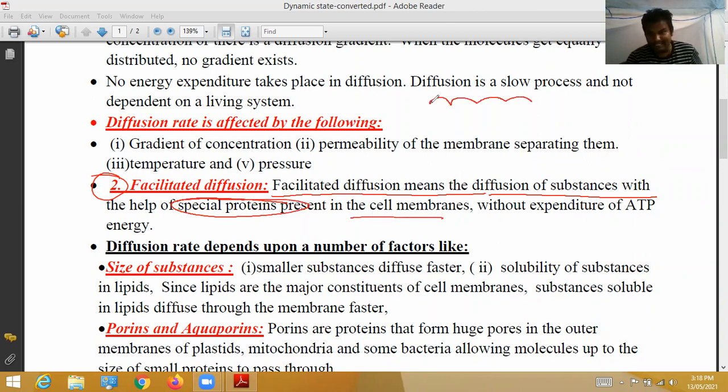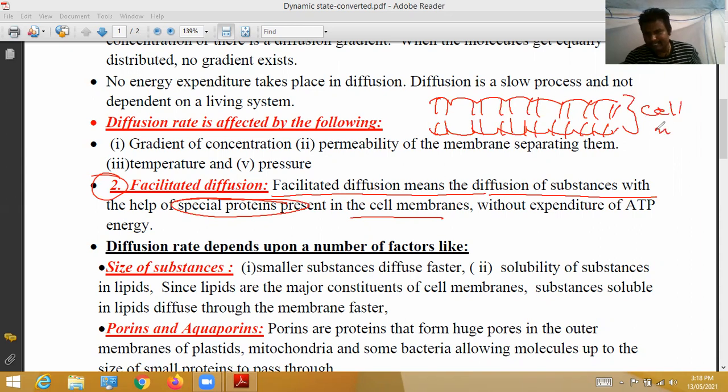Already I said, see here, this is called the cell membrane. Here is the lipid bilayer. The cell of living organisms is covered by a membrane, that is called the cell membrane or plasma membrane.